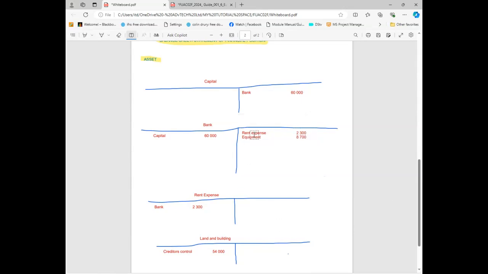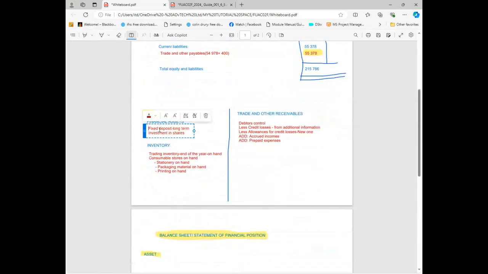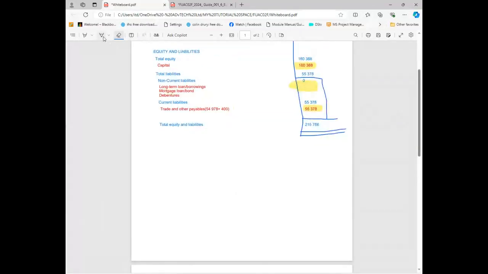No problem. Let me quickly delete these ones, guys, so that I can have enough space for the accounts. Okay, here I'm gonna have equipment.